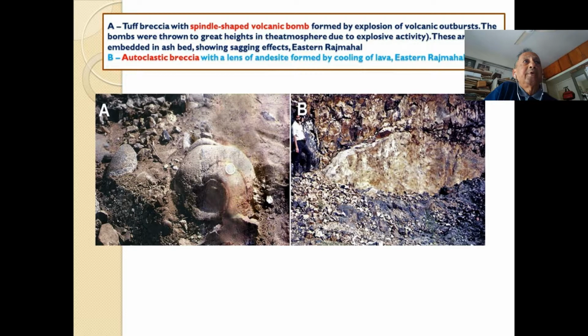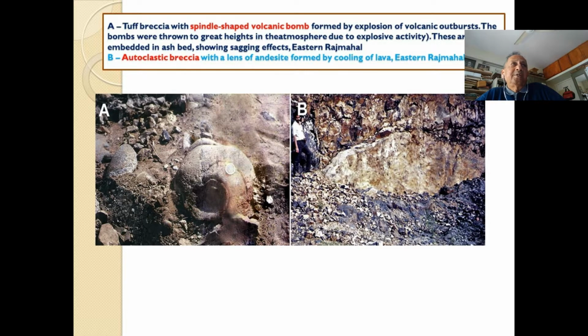Photograph A is a field photograph showing occurrence of tuff breccia with spindle-shaped volcanic bombs formed by explosion of volcanic outbursts. The bombs are thrown out to great heights in the atmosphere due to explosive activity.